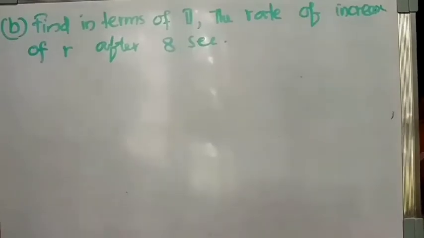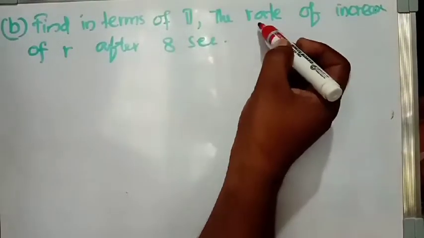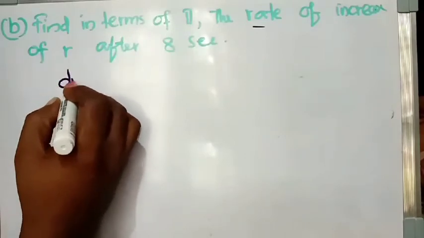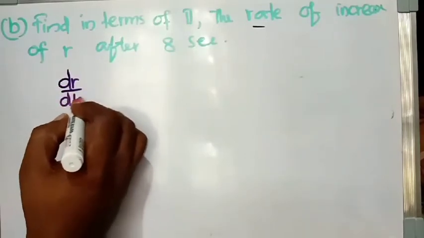In the next question, what is our question? Find in terms of pi the rate of increase of the radius after 8 seconds. So as per this question, we need to calculate the rate of increase of radius. That means we want dr by dt.